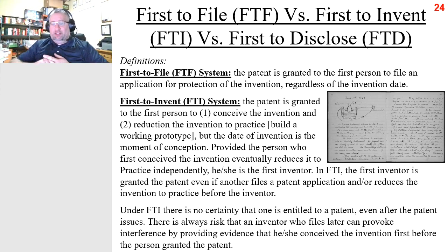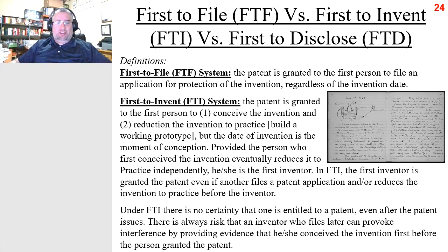First to file versus first to invent versus first to disclose. So this is also super interesting and very important for you to be aware of. There's actually 3 different types of patent filing systems that assign rights of ownership to the patent depending on when the invention was conceived and when it was disclosed and when it was actually filed.